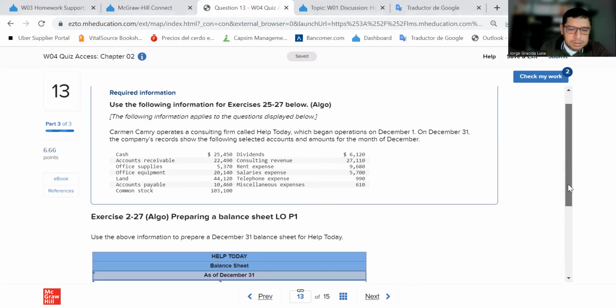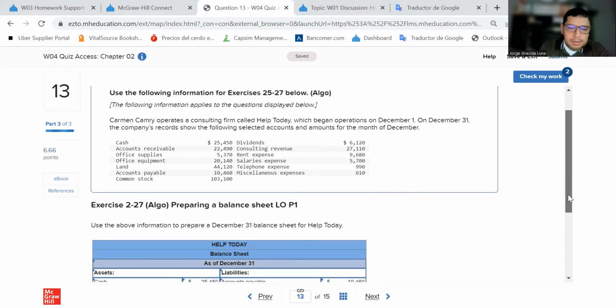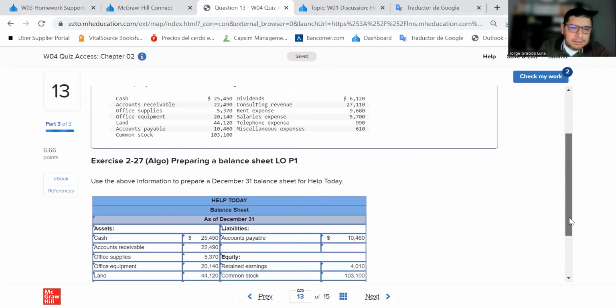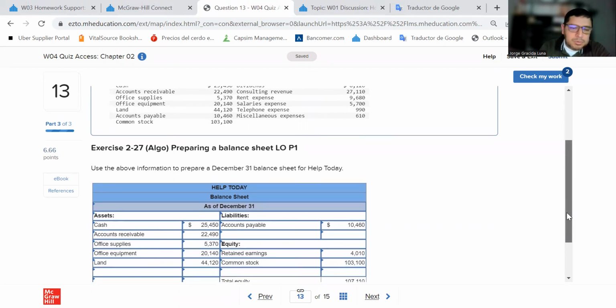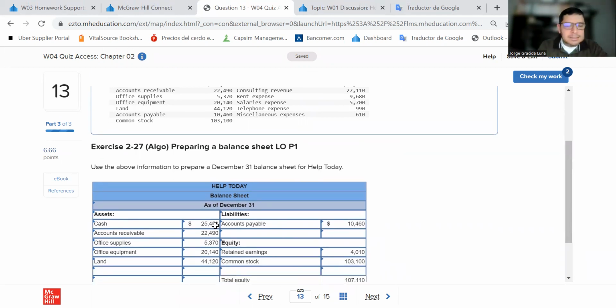So we're going to start first. In this case, the balance sheet needs one date, a specific point in time. For this case, we use as of December 31. Assets. Remember, cash, accounts receivable, office supplies, office equipment, and land. We're going to put them on the left side.